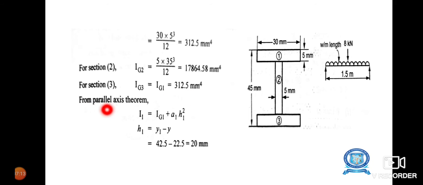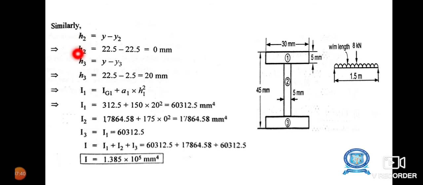Next, from the parallel axis theorem, I1 is equal to Ig1 plus A1 H1 square. H1 is equal to, that is the formula, Y1 minus Y. So 42.5 minus 22.5 is equal to 20 mm.